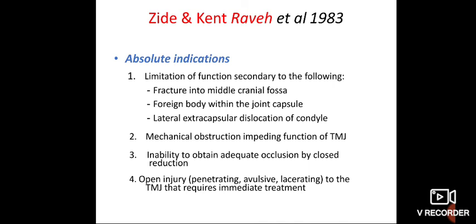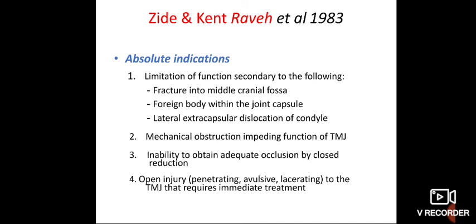Mechanical obstruction for further function. We will always place arch bars for every possible patient with a condyle fracture, and then assess if the occlusion is being achieved either by traction or by MMF.